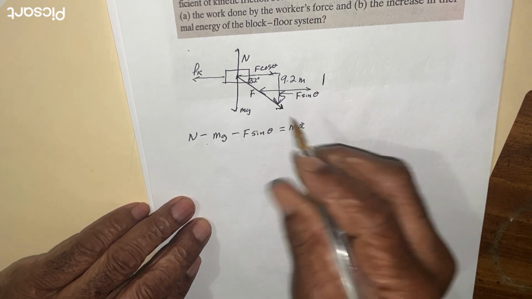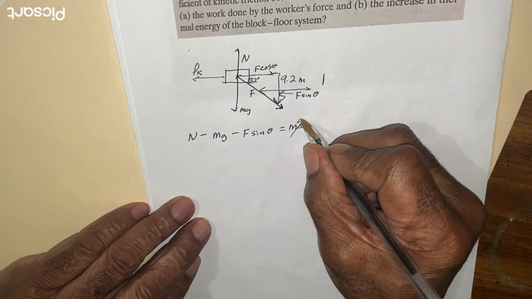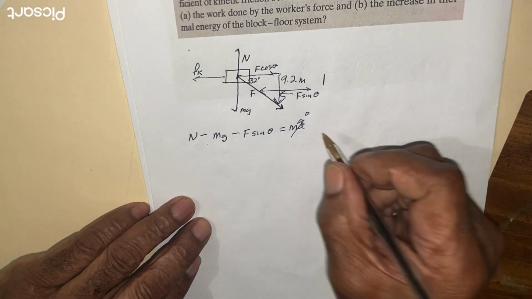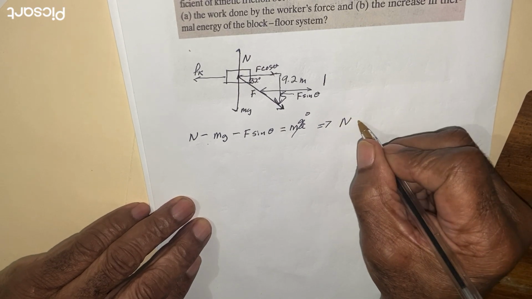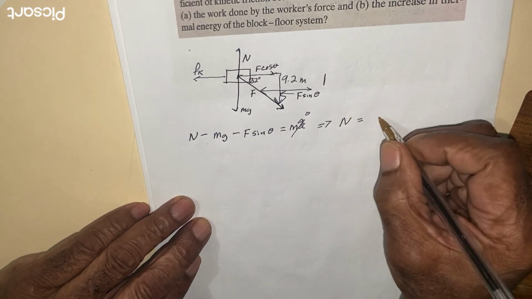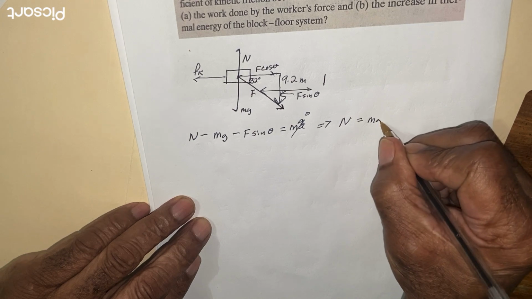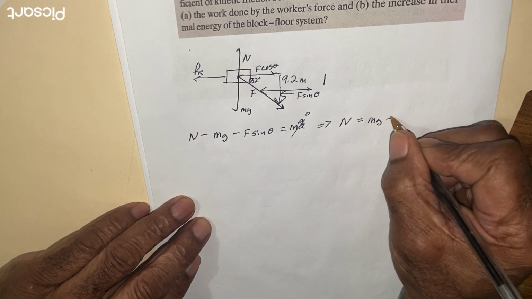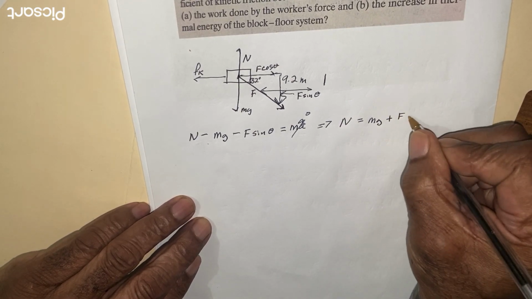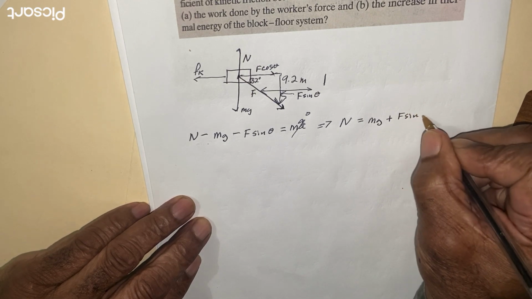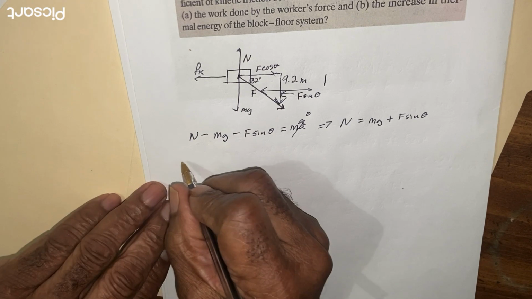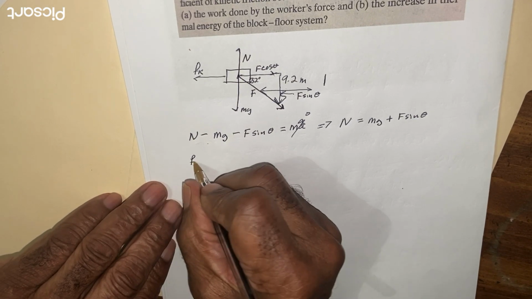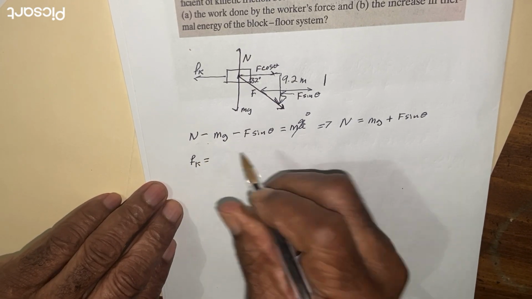The block's not going to come up off the floor, so this is 0. This goes to N equals mg plus F sine theta. And we know that F_k is equal to mu N.